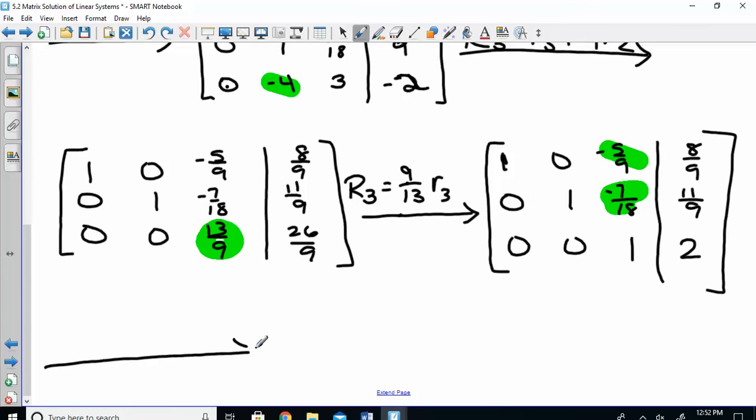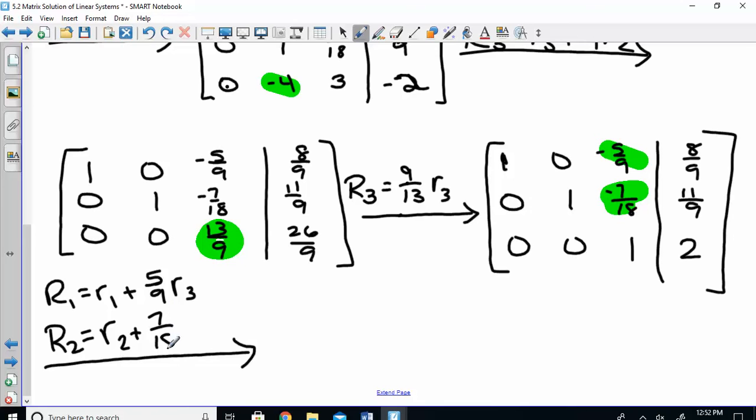Last matrix, we need both of those things to be 0. So row 1 equals row 1. It's a negative 5 over 9, so plus 5 over 9 times row 3. For row 2 equals row 2, it's a negative 7 over 18, so plus 7 over 18 times row 3.